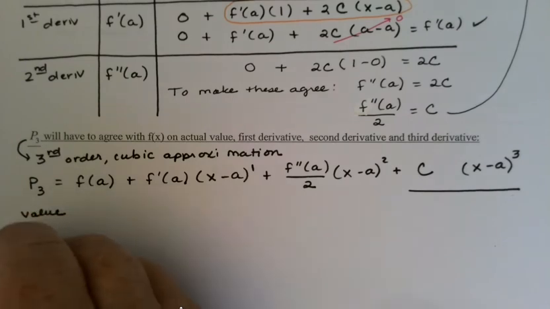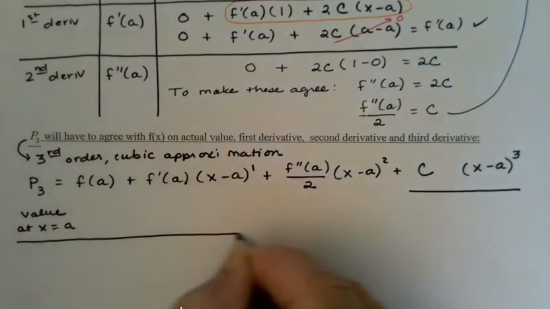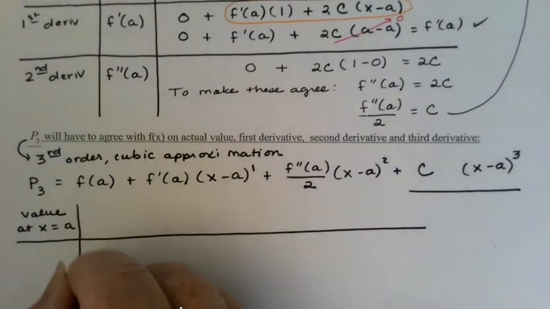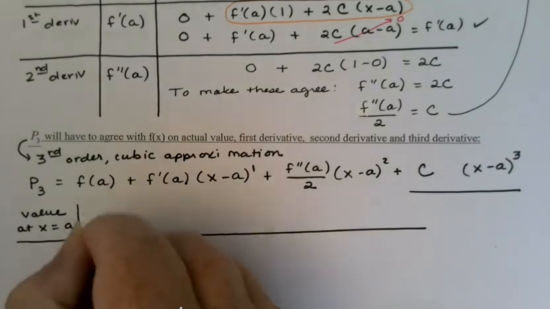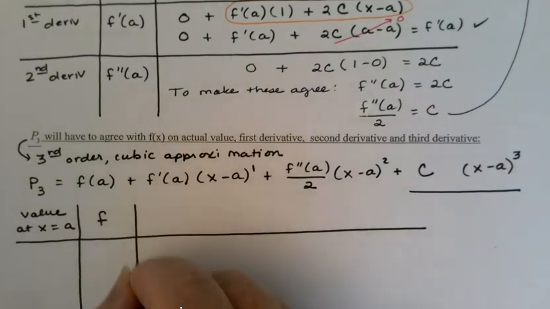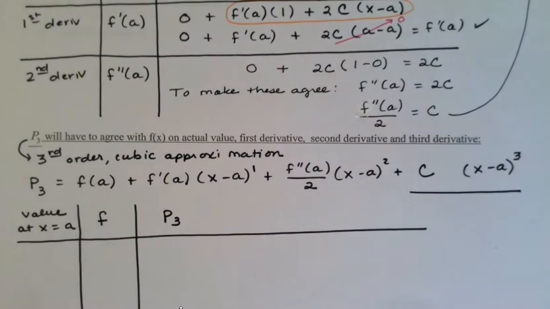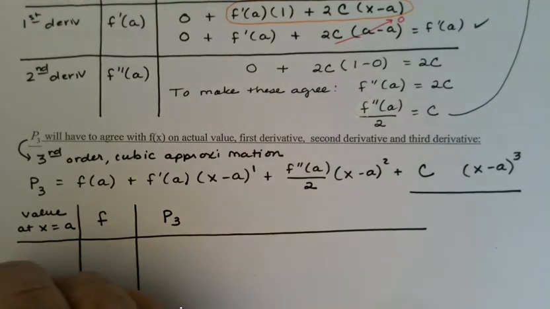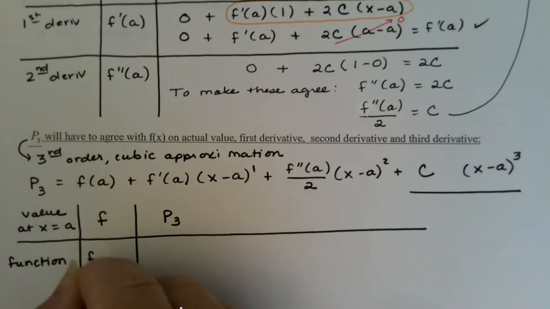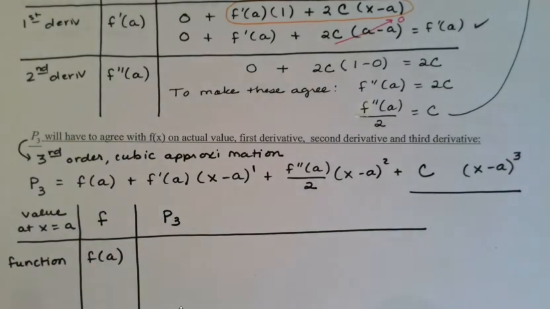All right, one more time. The value at x equal a, the function itself, and then P3. The actual function will, of course, just be f of a.